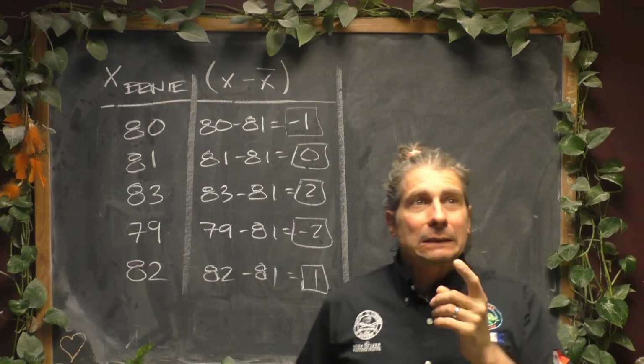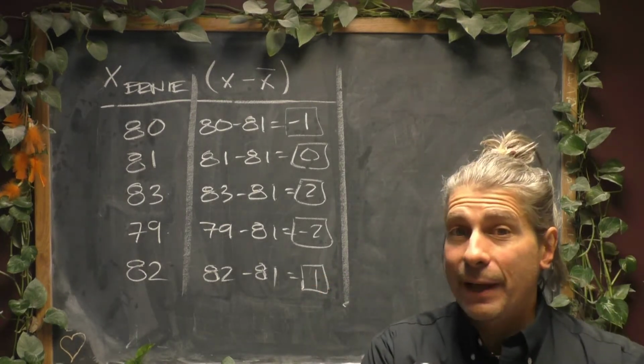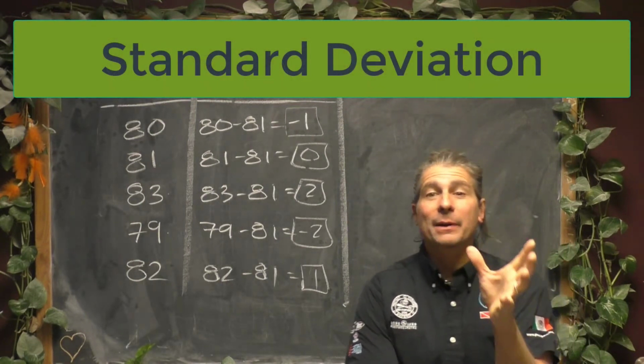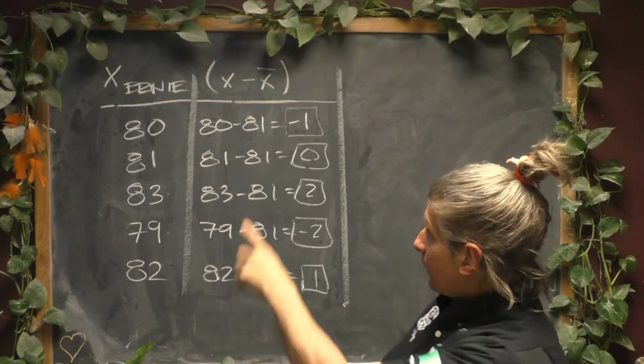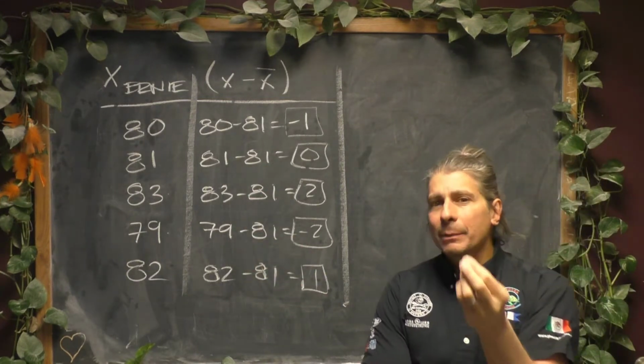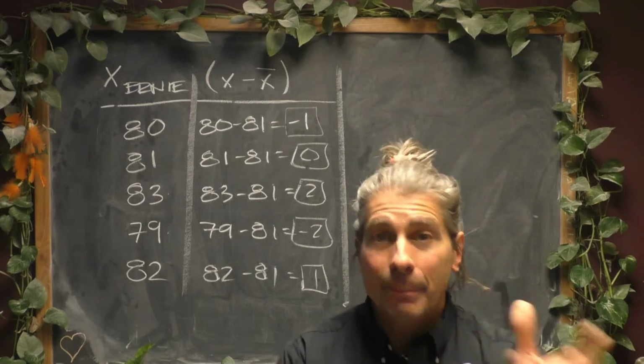Okay, let's take a look at this other measure of variation called standard deviation. It's the most common one that is used when you're dealing with data that you take averages of. And it's similar, but not the same as mean average deviation.